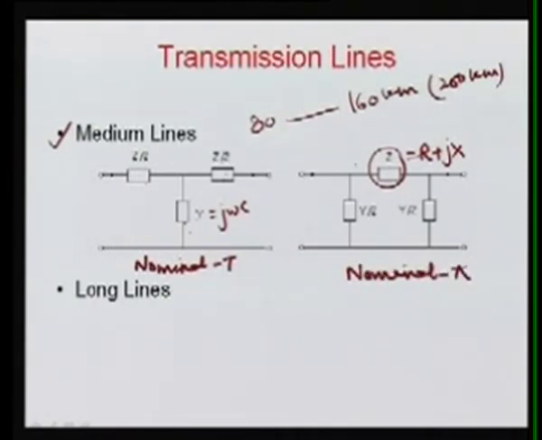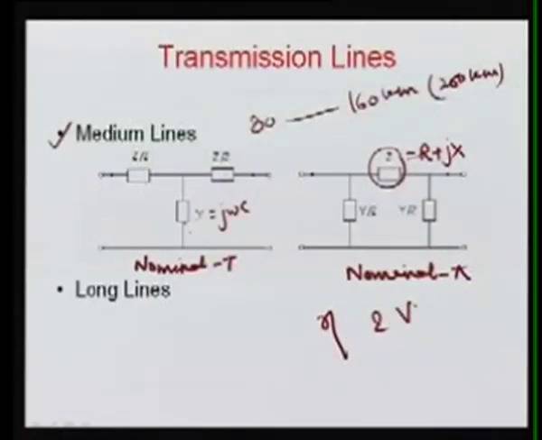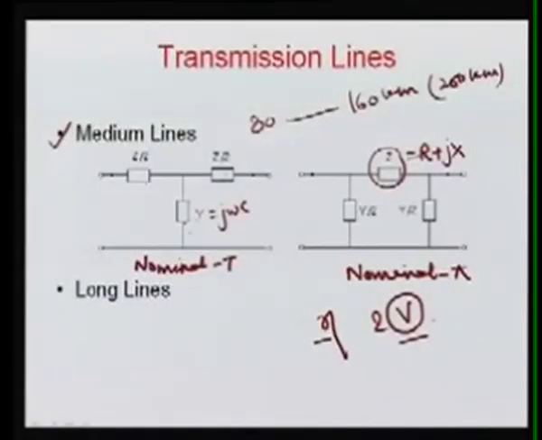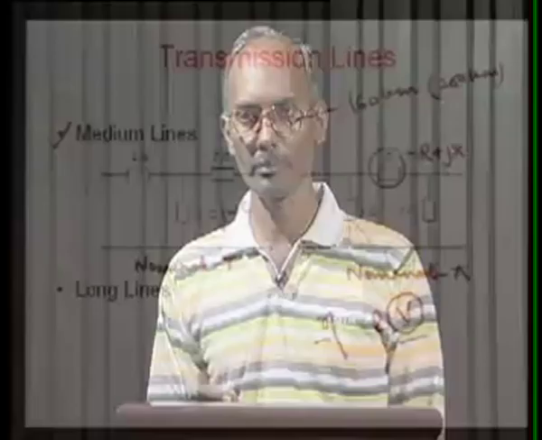You can say this is just like a pi, and then we can analyze the performance of the transmission line, which is nothing but the efficiency and the voltage regulation. The voltage regulation also limits the line: if a line is loaded and the load is thrown off, what will be the voltage rise at the receiving end. So efficiency and voltage regulation are the two parameters of transmission line performance that we basically analyze.